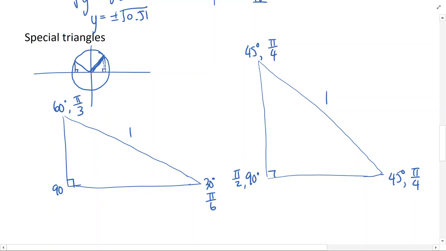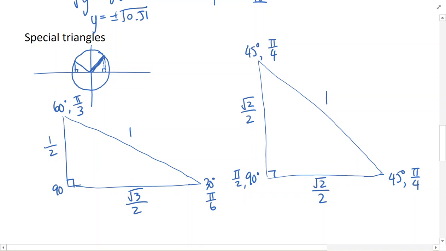From there, you're just going to apply that knowledge that you got from last time or whenever you took PreCalc 11, and you should be able to deduce that this side is root 2 over 2, since these have 2 of the same angle, therefore you're going to have 2 of the same side. With the 30, 60, 90, you're going to have half on this side and root 3 over 2 down there.